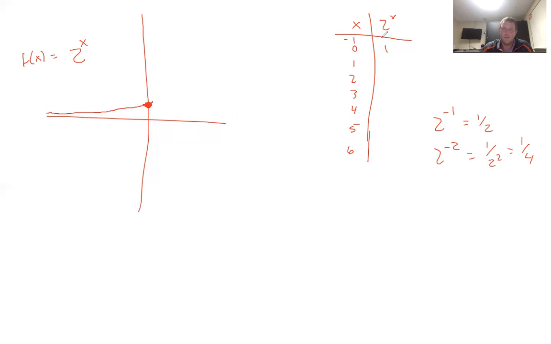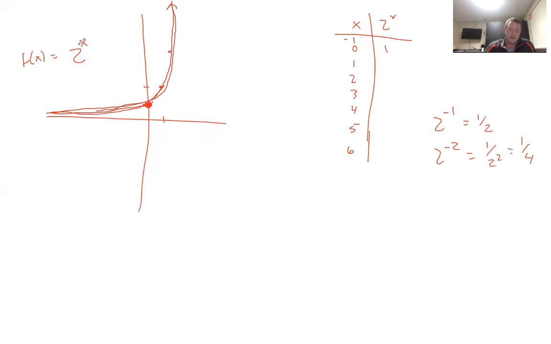And then 2 to the first is 2, and 2 squared would be 4. So 3, 4, somewhere up there. Notice the graph is going to come, hit, and come up. Something like that. So almost all the graphs will look like this.